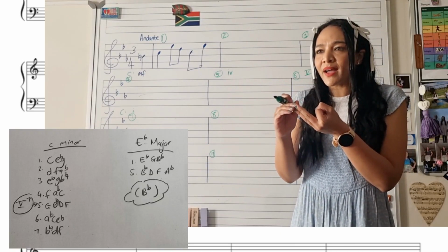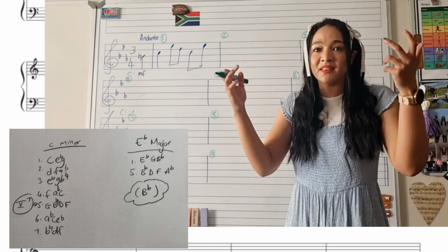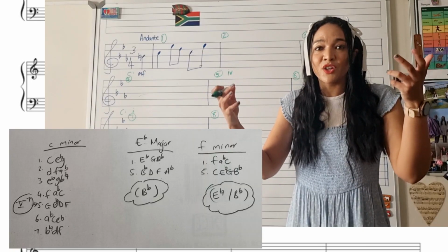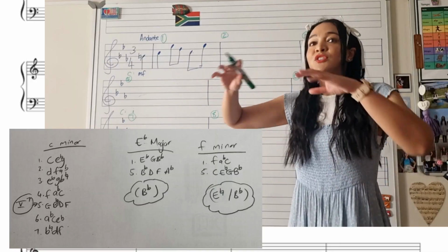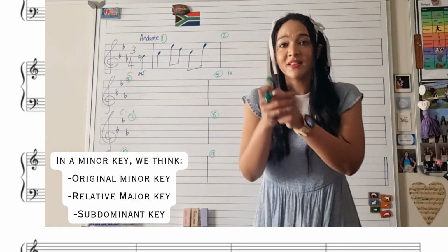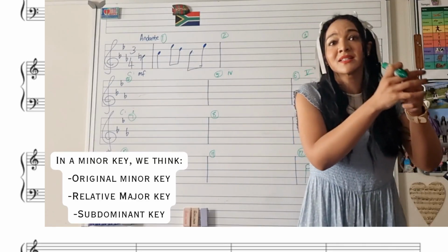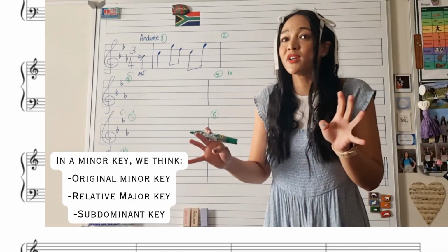So if we go 1 up from E flat, we basically get to the key then of F minor. So that is what we're going to use, which is actually the subdominant key of our original key. So in the minor form of things, we want to think of our original minor key, our relative major of the minor, and then our subdominant key of our original minor key. Those are the 3 keys we are working with today.